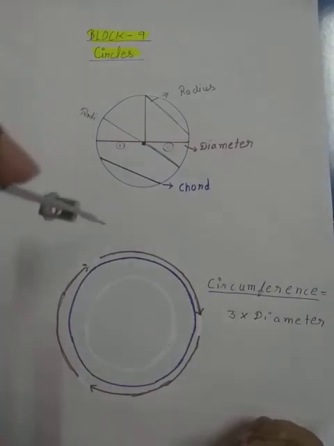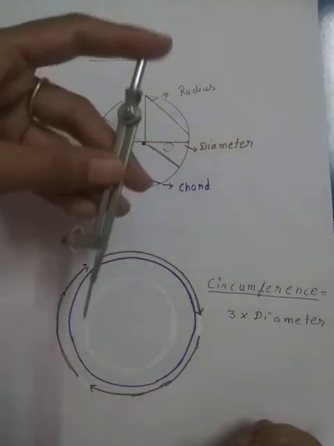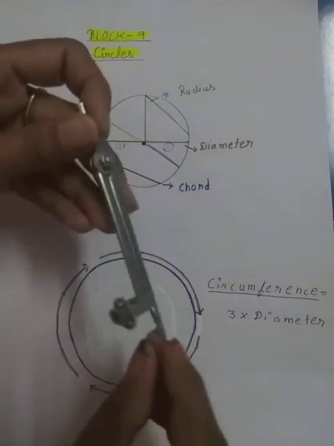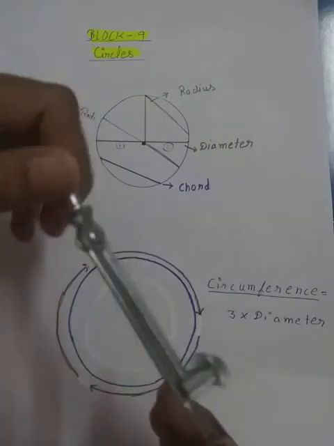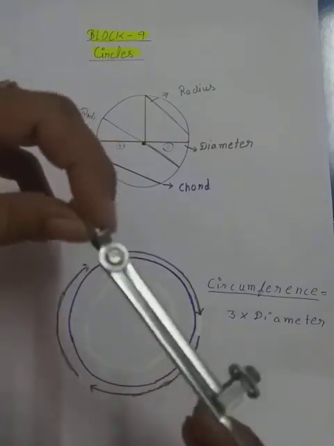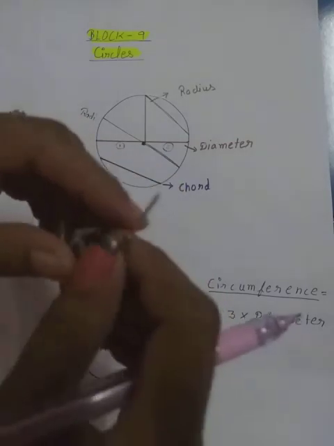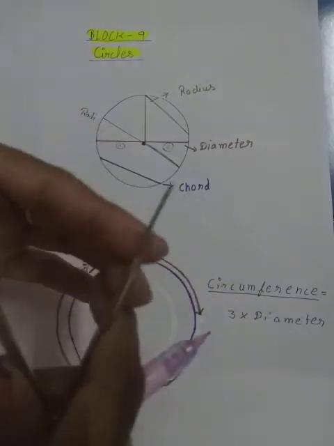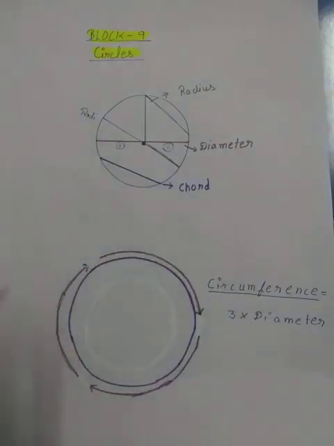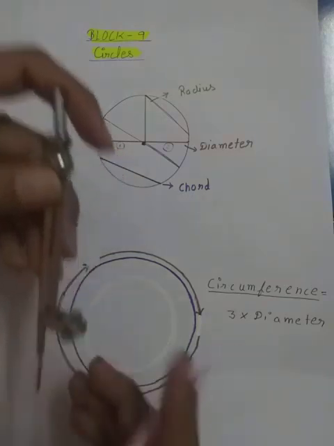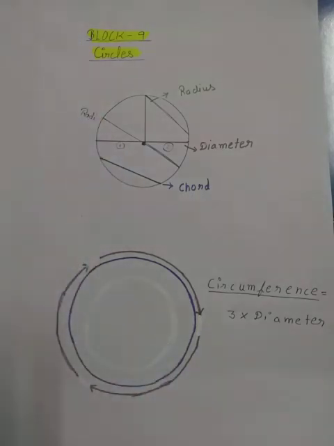And with the help of this we always make a circle. I will tell you how we draw a circle with the help of a compass and the use of this.